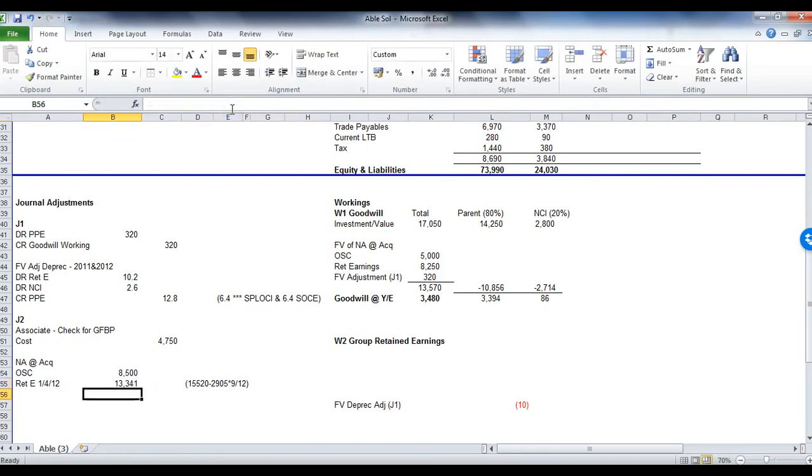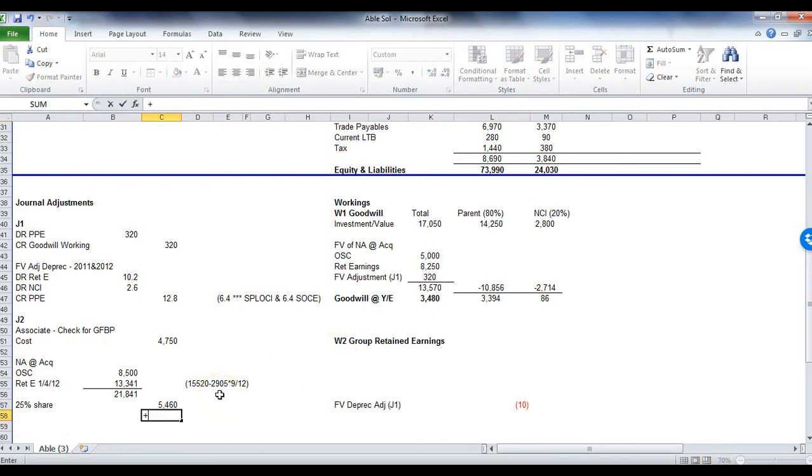So if you had it at the end of the year, you know how much profit you made during the year. That'll give you retained earnings at the acquisition date, which gets you to 21,841 as the net assets at acquisition, and a 25% share of that is 5,460.